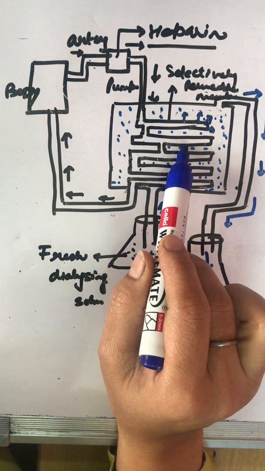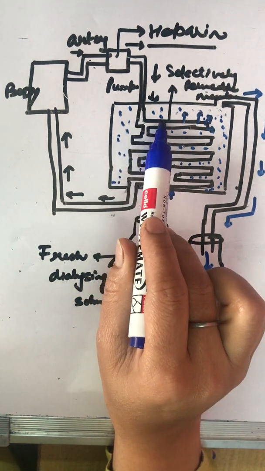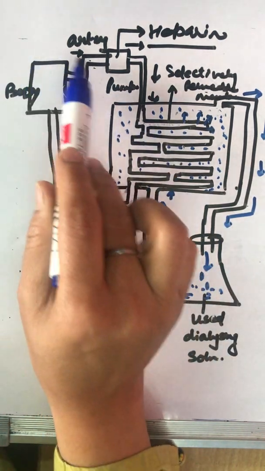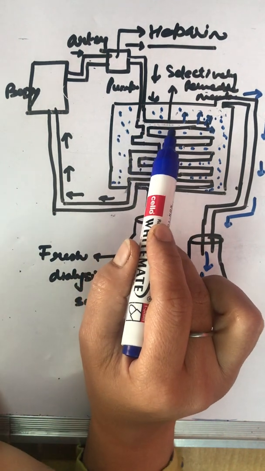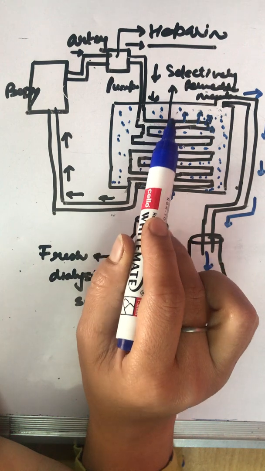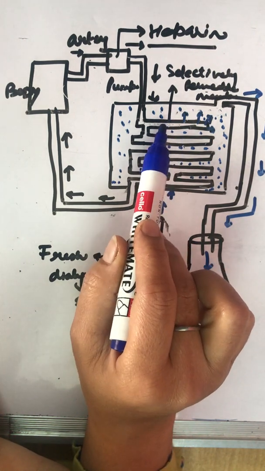Here, when we are talking about that concentration mechanism, we say the ions which are rich in the tubules, which is brought from the body containing blood, need to be expelled out, and these ions are high here compared to the dialyzing fluid.